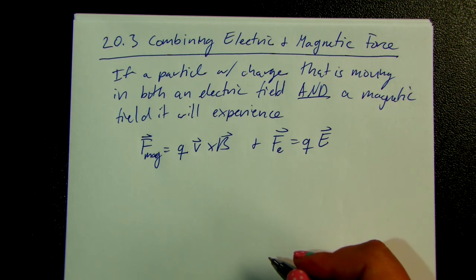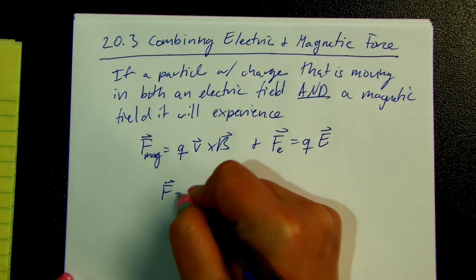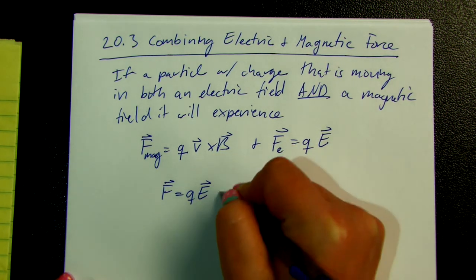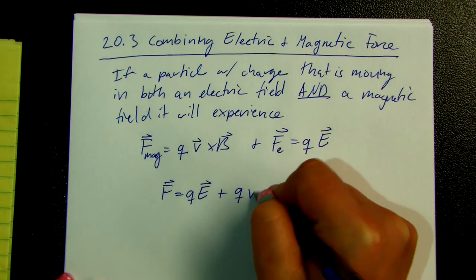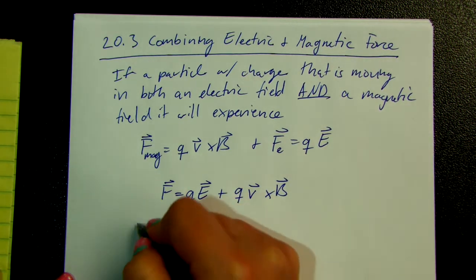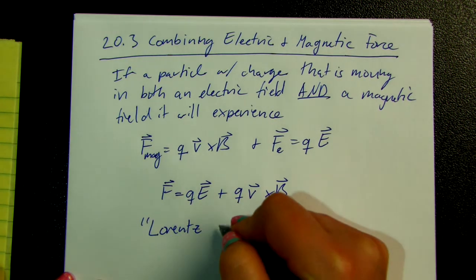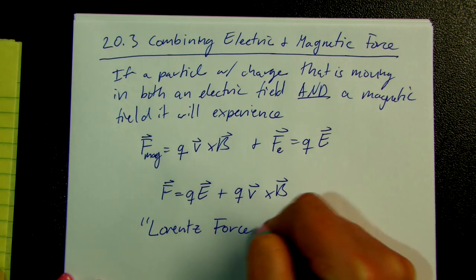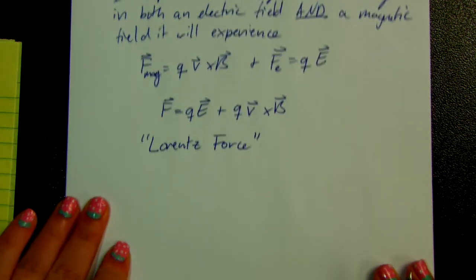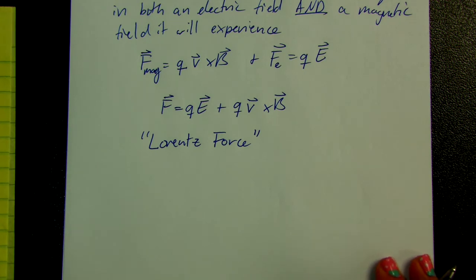So we can combine these together, so we would sum the total forces. So total force is equal to Q times E plus Q V cross B. And this is known as the Lorentz force. All right, so this is a very powerful equation, and we will be slowly building more and more applications about it.